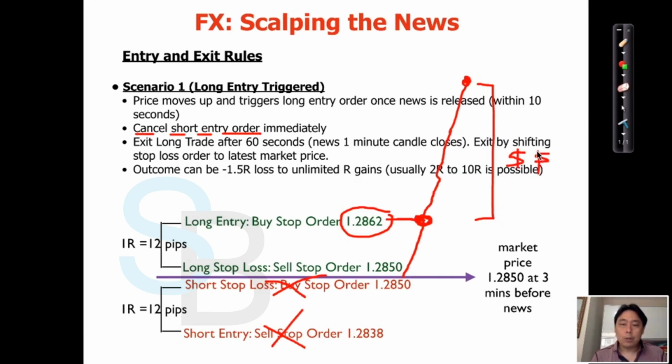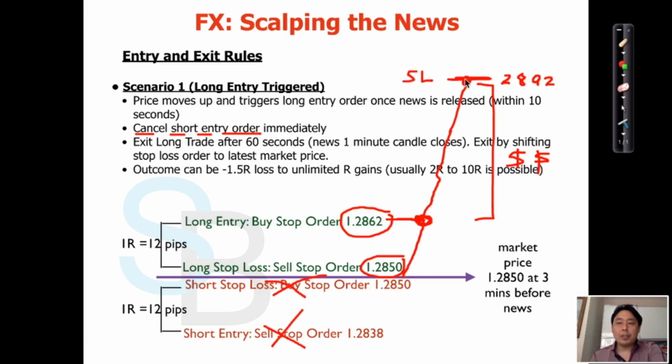What I'll then do is shift my stop loss from here, 2850, to the new market price, which could be, for example, 2892. I'll shift my stop loss over there. And again, I'll show you how I do it in a live demo.